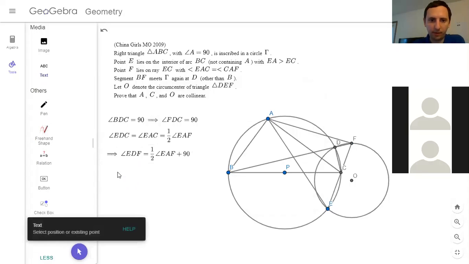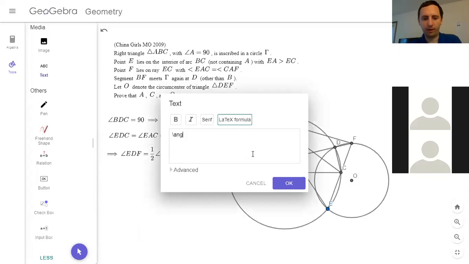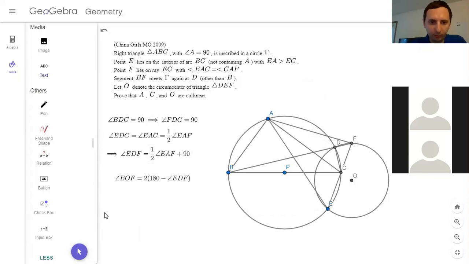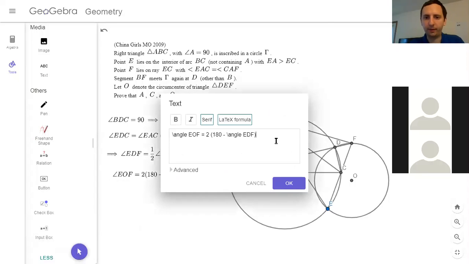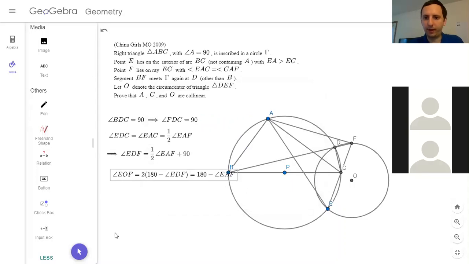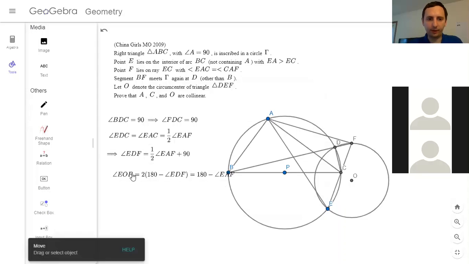So I'll write it like this. So we have angle EOF is twice 180 minus angle EDF, which would be 180 minus angle EAF. So that means that AEOF is cyclic.